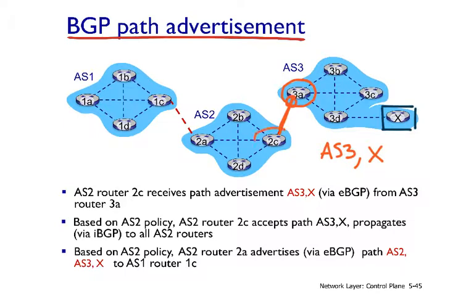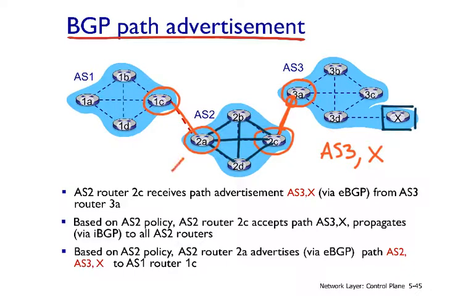Once 2C has received this information, 2C is able to share this information with the rest of the nodes by using iBGP. 2A is able to propagate this information using eBGP with 1C, but it has to add a new AS to the AS path.